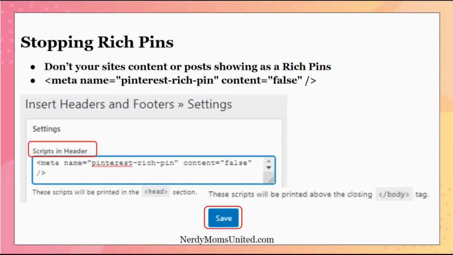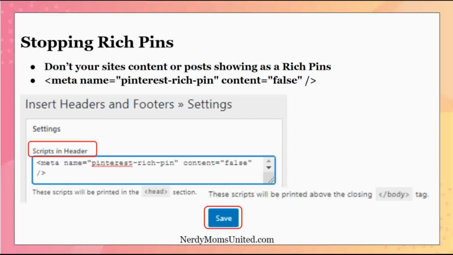So what if you don't want rich pins on your site at all, or you want to turn that off? Well, the best way to do it is you can use that same plugin that I showed you earlier.